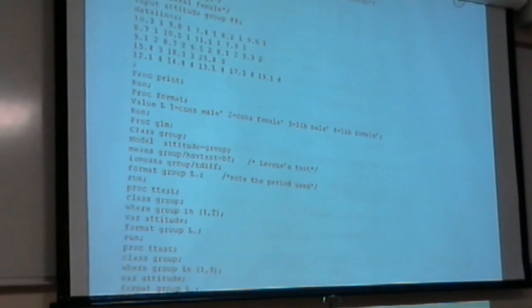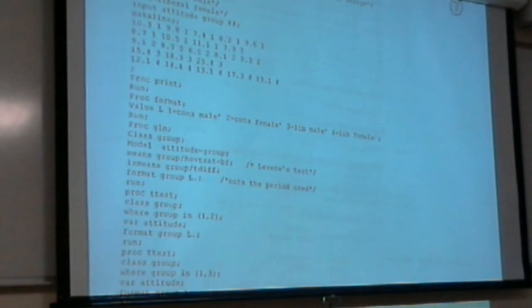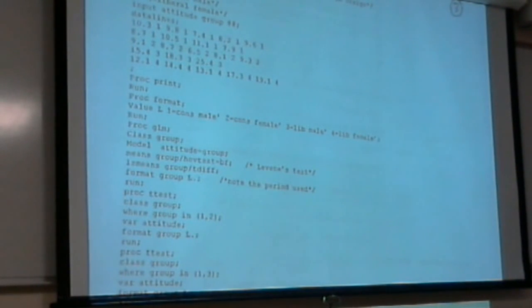So we don't have equal sample sizes here. Curious. I didn't spot that ahead of time. But anyway, there's a print of the data that we have.